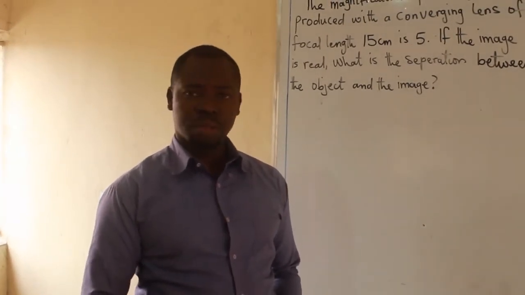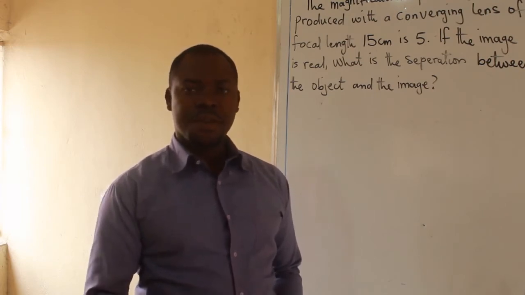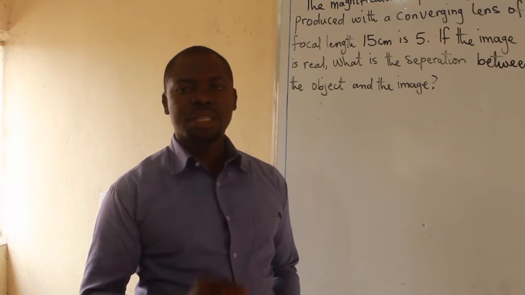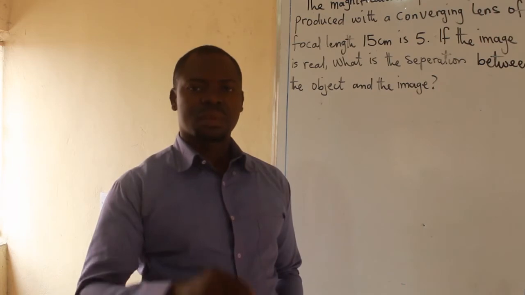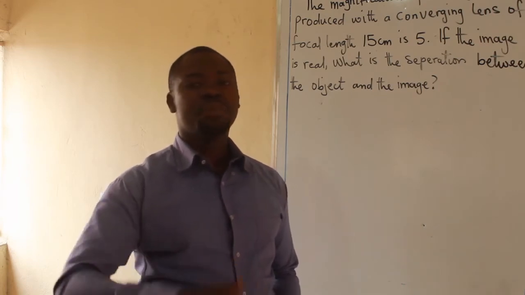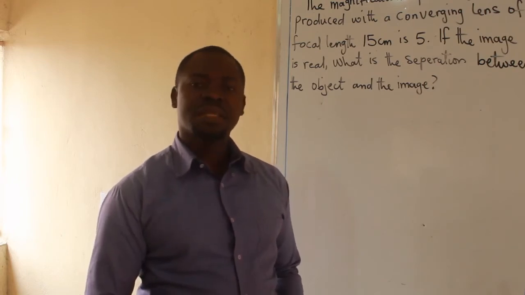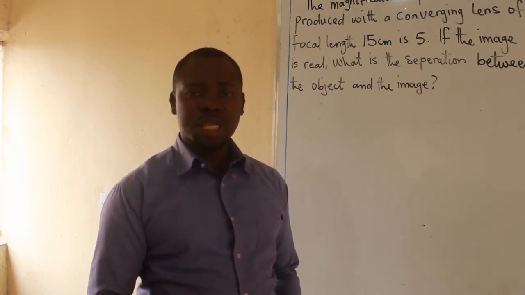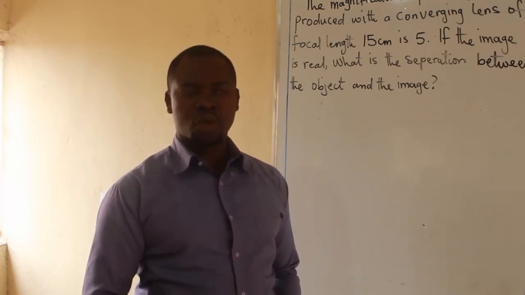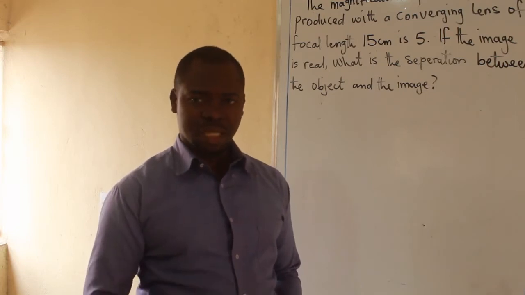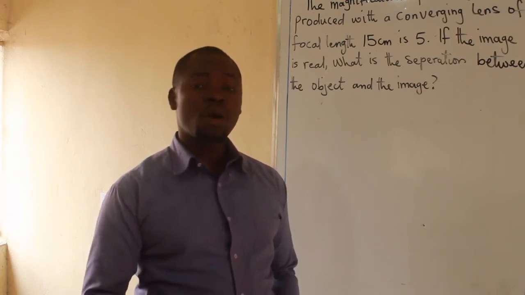Before we go on to solve this question, I want you to understand that for an image to be real, using lenses, the image must be behind, at the other side of the lens. And the lens that can produce such an image is the converging lens. So the images produced by a converging lens are always real.